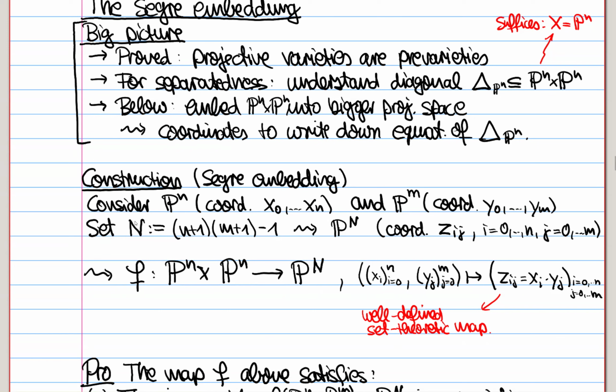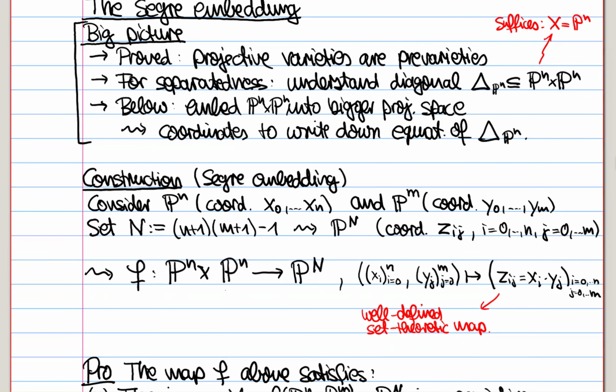And then we set this big N to be (n+1)(m+1) minus 1. And then on this big P^N we can take coordinates denoted by z_ij, where i and j run as before.